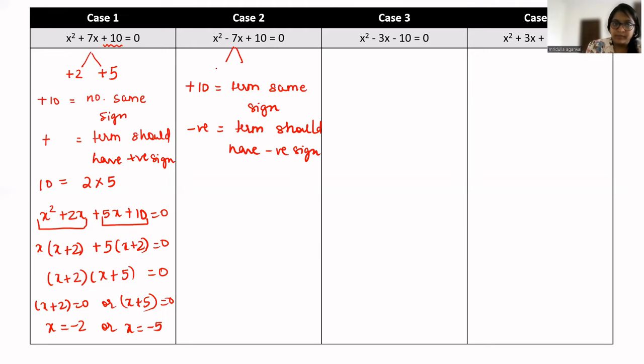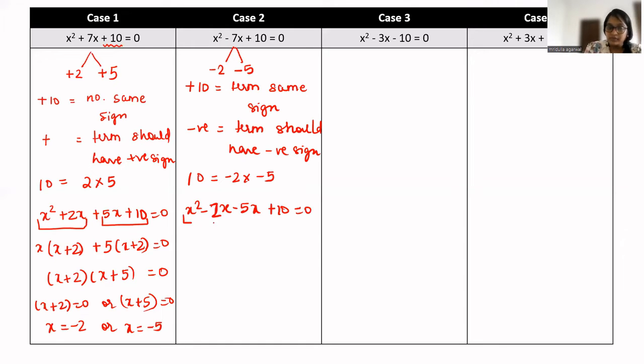Therefore it will be minus 2 and minus 5. So here the 10 will be written as minus 2 into minus 5. The terms are x squared minus 7x, that is minus 2x minus 5x, plus 10 equals 0.